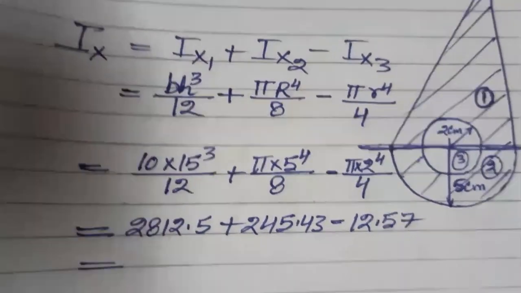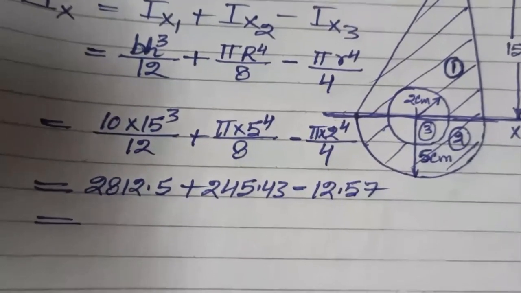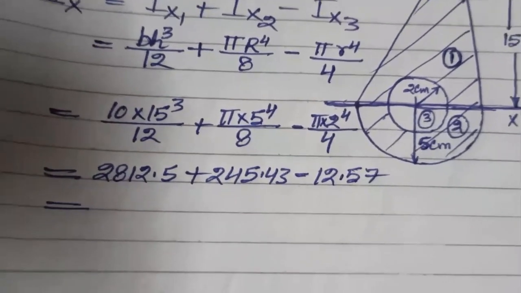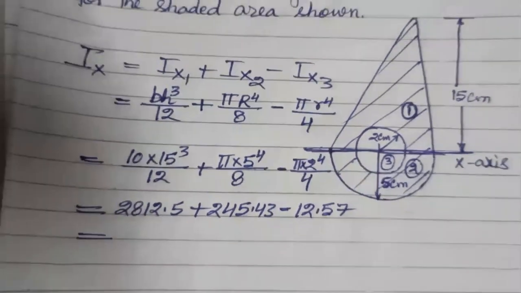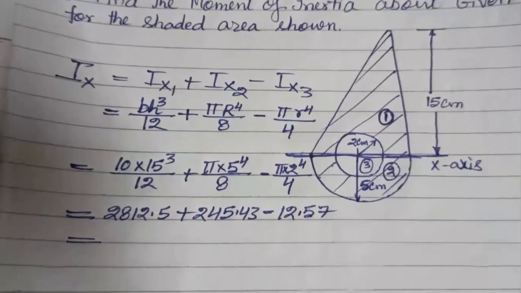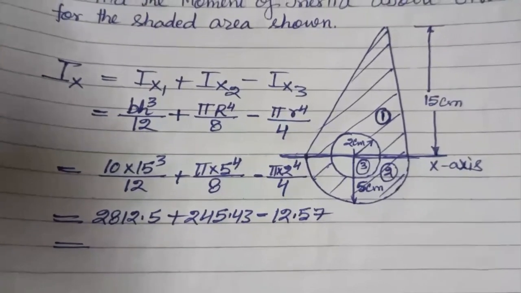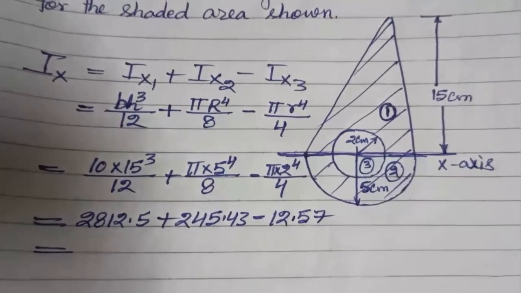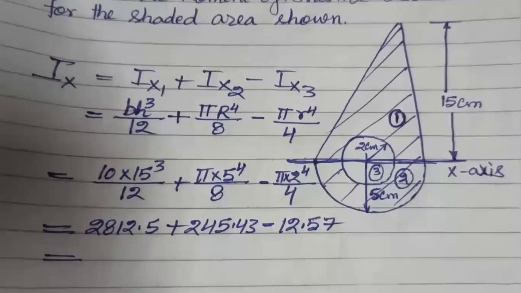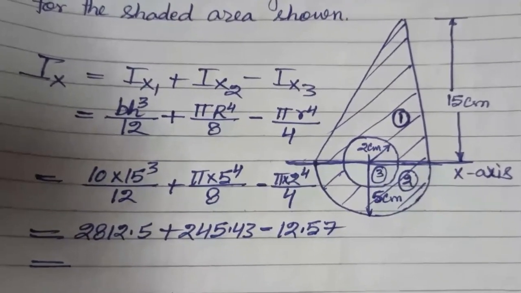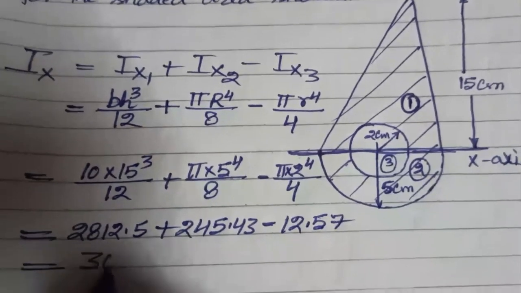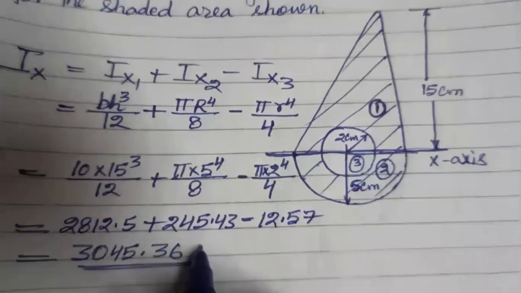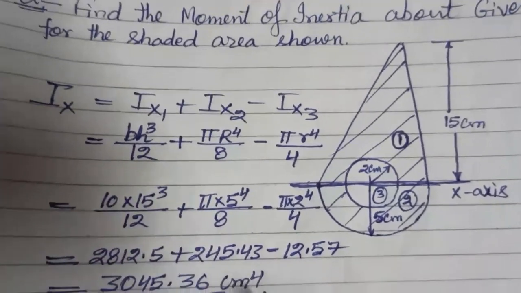On adding up, this is 2812.5 plus 245.43 minus 12.57, which is equal to 3045.36 centimeter to the power 4.